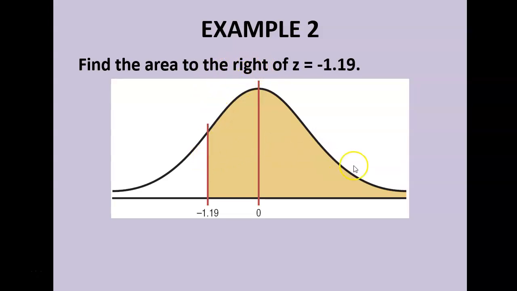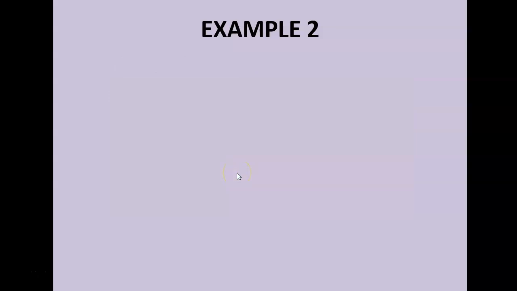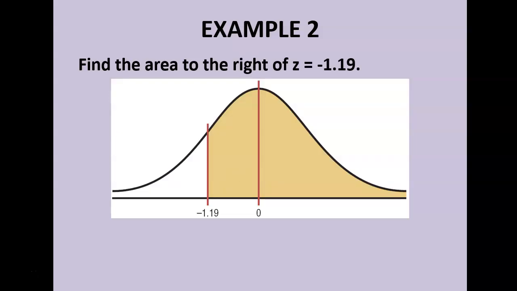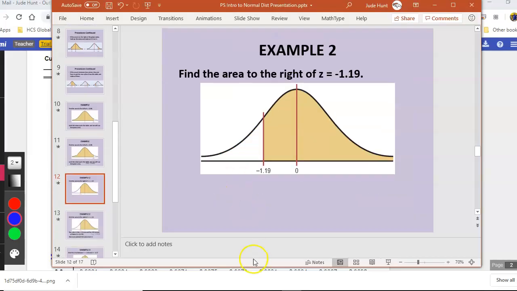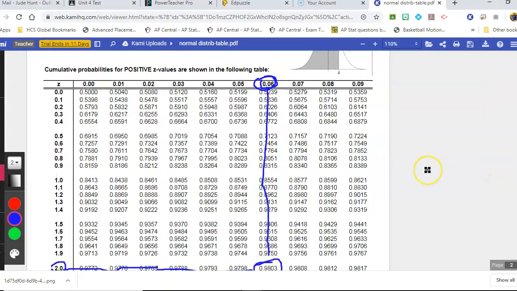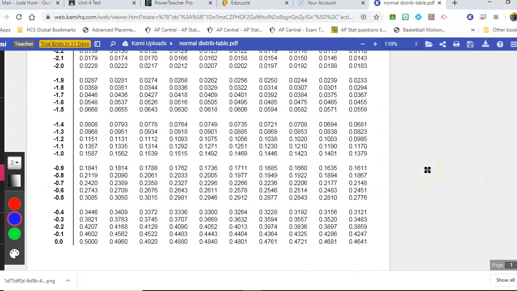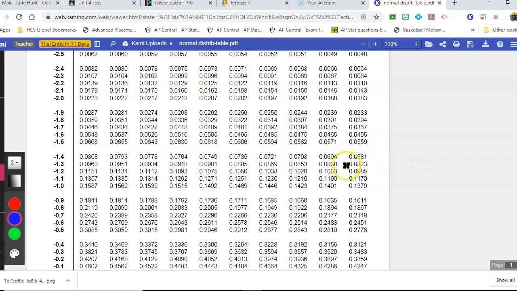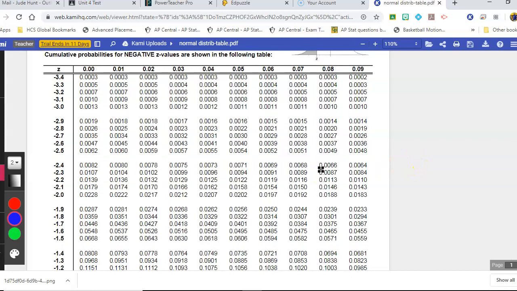So if you'll remember the rule I just talked about, if we're finding the area to the right of our z value, we are going to look the value up in the table, and we are going to subtract from 1. So we're going to look up negative 1.19. Let's see if we can find it. We're going to where the negative values are.